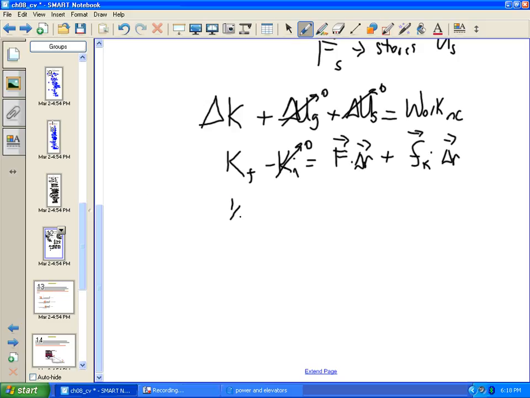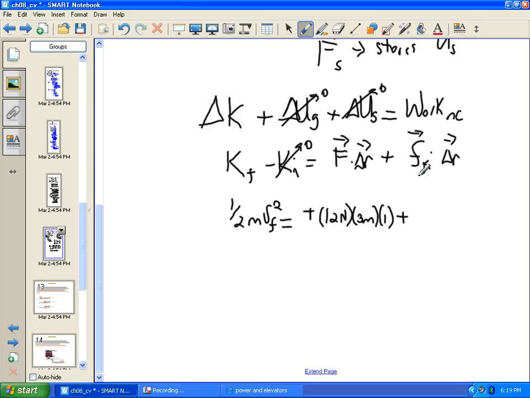So 1/2 m v final squared is equal to, let's see, delta R is in the direction of F, so the scalar product here will be positive. In other words, positive work is done, 12 newtons times 3 meters times the cosine of 0, which is, of course, positive 1, plus the work done by kinetic friction, which is, let's see if we can get a value here.